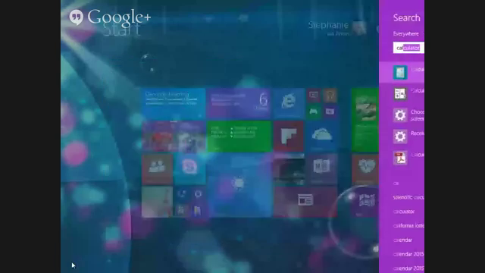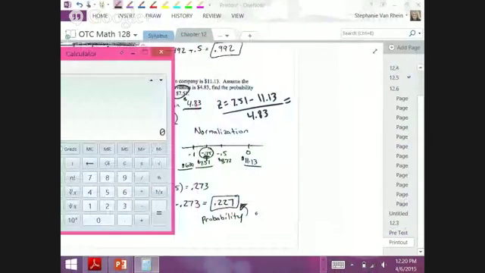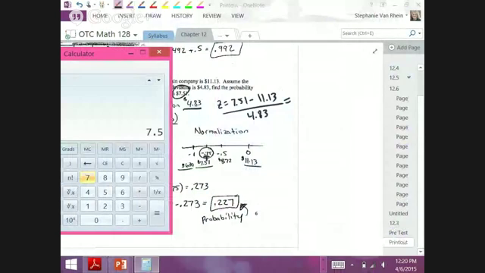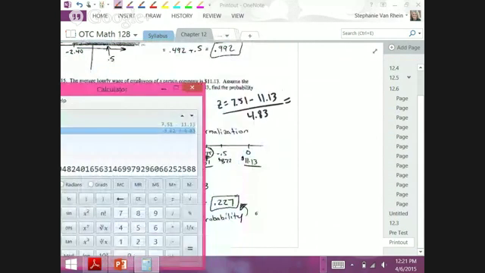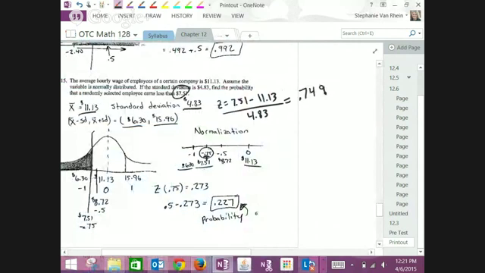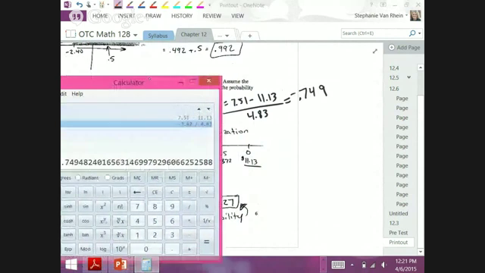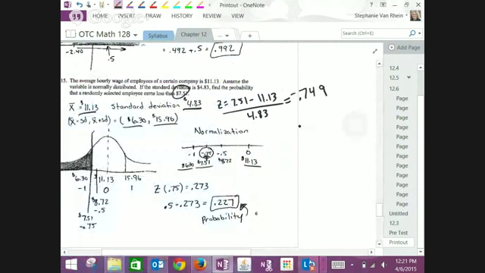If I plug that in my calculator, $7.51 minus $11.13 divided by 4.83, that would give me minus 0.749. And I rounded that to minus 0.75.